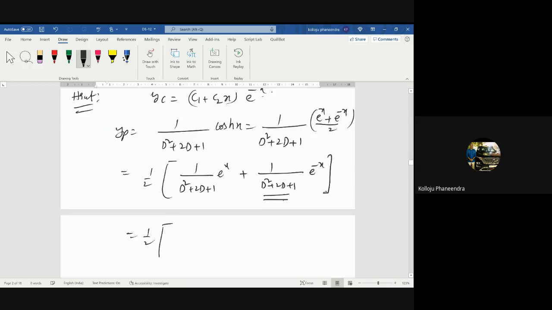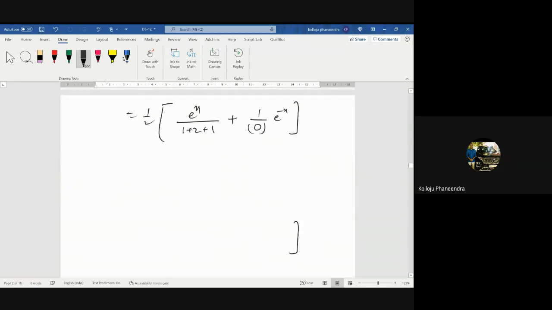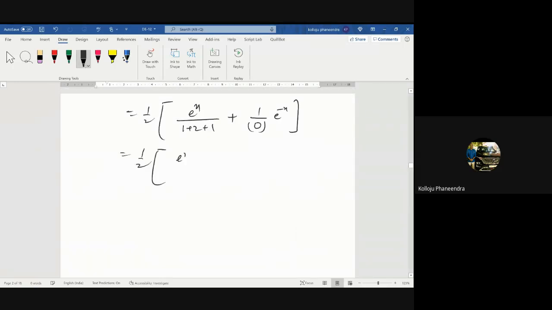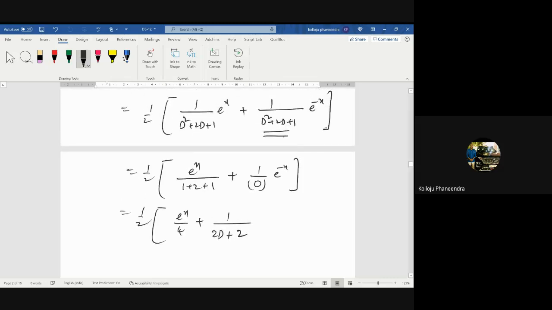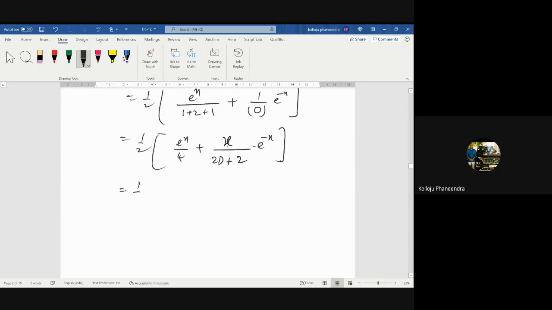This is 1 over 2. This is e power x by, if I replace D by 1, 1 plus 2 plus 1. And if I replace D by negative 1, you will get 0. So this equals 1 over 2 e to the power of x by 4 plus 1 by the derivative of D square plus 2D, which is 2D plus 2, into e power minus x, and put 1x in the numerator.